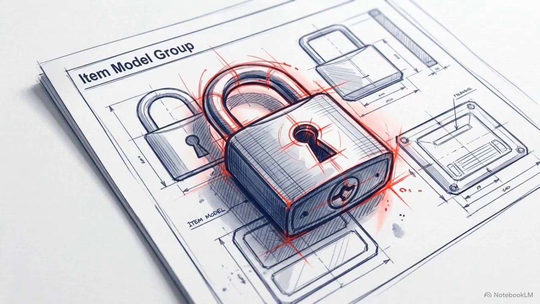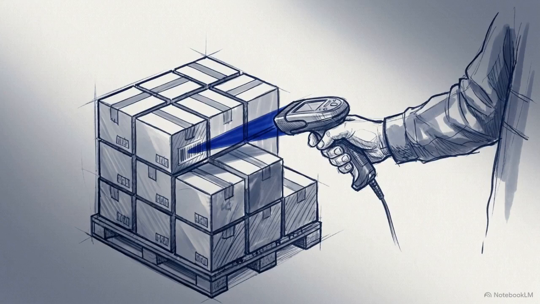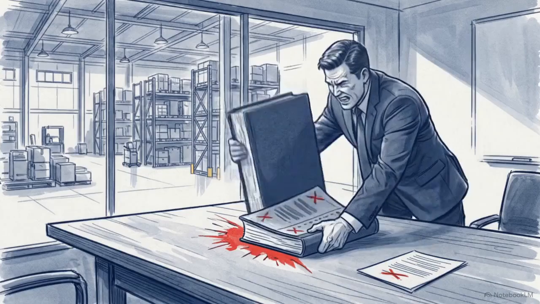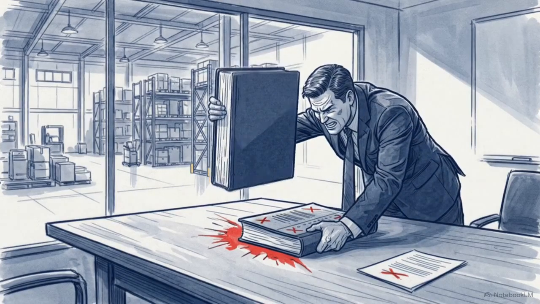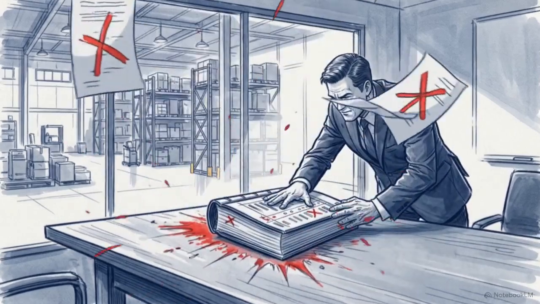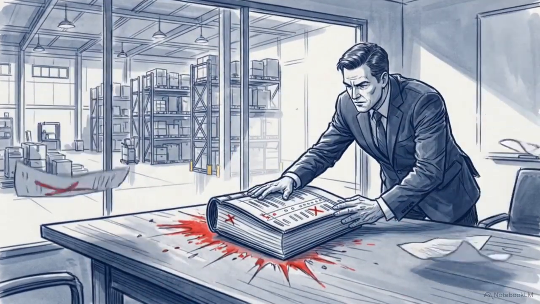The ultimate architectural fix requires strictly configuring the item model group to restrict negative financial inventory for all FIFO and weighted average items. Simultaneously, warehouse managers must enforce same-day receipt confirmations to prevent physical flow from outstripping system records. Allowing physical transactions to outpace system receipts actively destroys the integrity of the corporate balance sheet, turning simple warehouse delays into systemic financial failures.